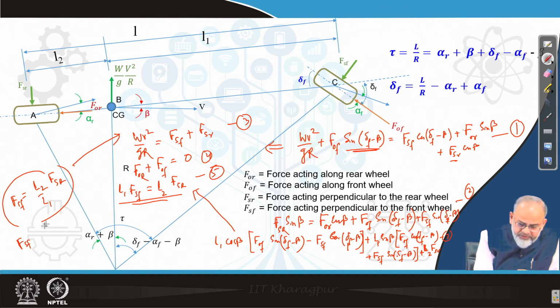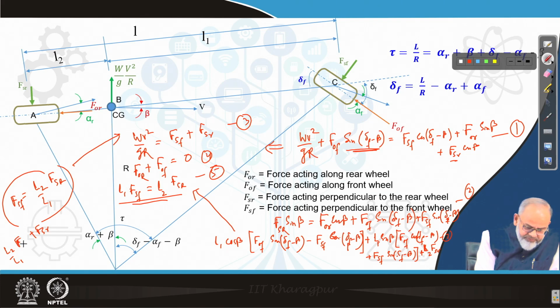L2 by L1 F_sr plus F_sr will be equal to W v square by g r. Now, if I take F_sr common, then it becomes W v square by g r into L2 by L1 plus 1, that means L1 by L1 plus L2.